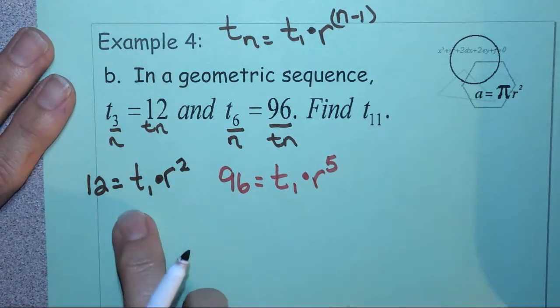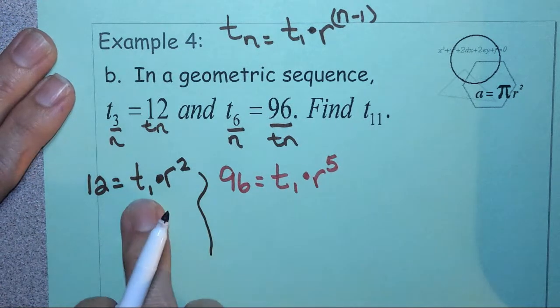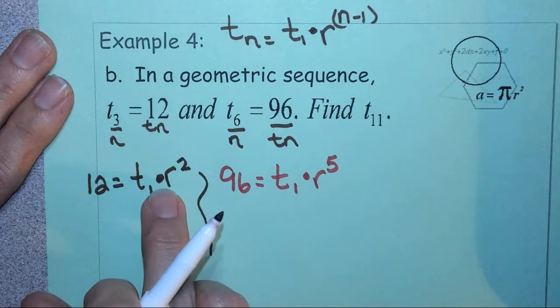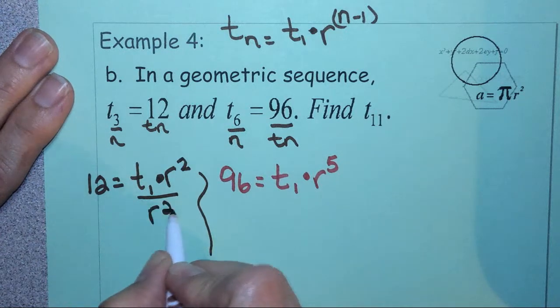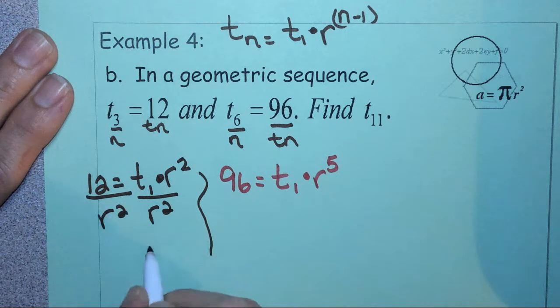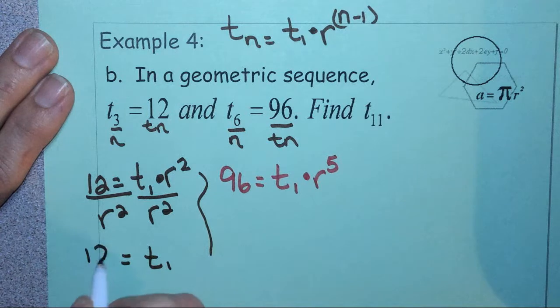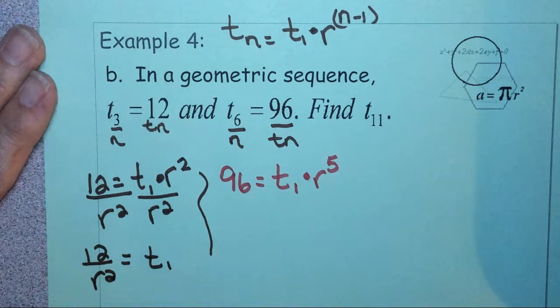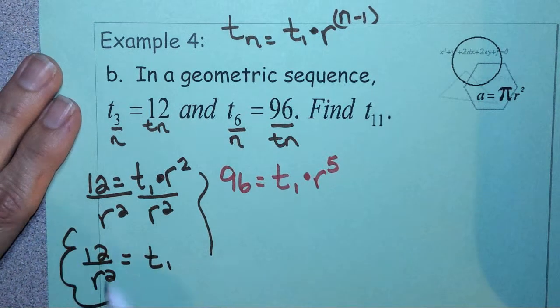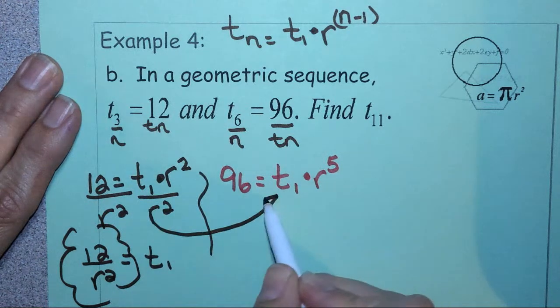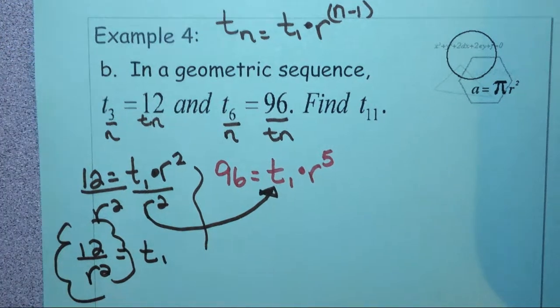Again, we're going to do substitution. So I'm going to solve this equation over here for t. This is t times r squared. So we're going to divide by r squared. So t1 is going to equal 12 divided by r squared. So I'm going to take this, and I'm going to plug it in to this equation right there.